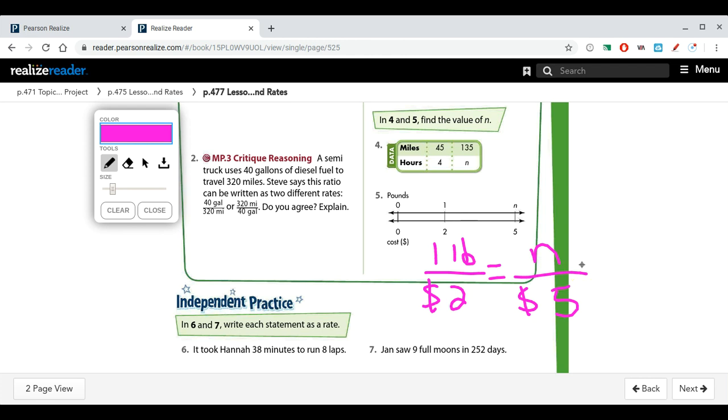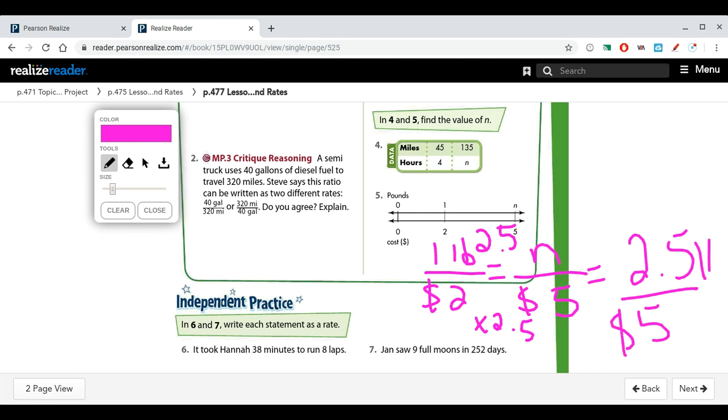And so here I'm actually going to multiply this by 2.5. And so when I multiply that by 2.5, that means I have to multiply this value up here by 2.5. And so my new rate is going to be, or N is going to be equal to 2.5 pounds for every $5. So just make sure I include my unit of measurement.